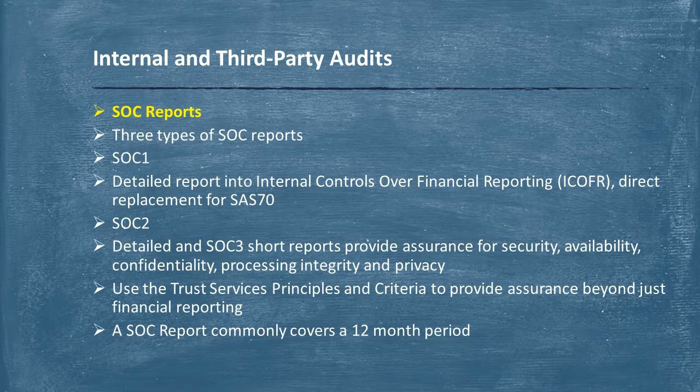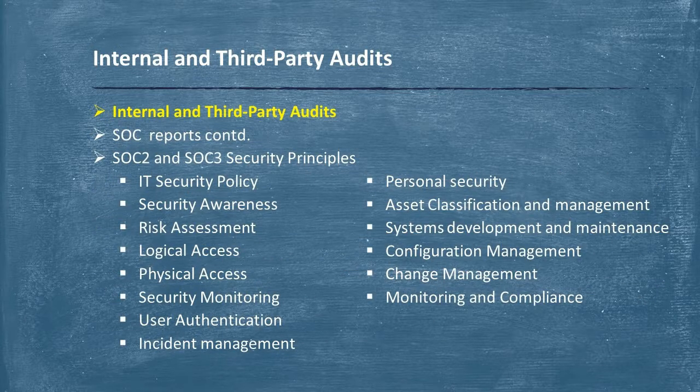This is based on WebTrust and SysTrust principles, which were developed by the American Institute of Certified Public Accountants as well as Canada. These two organizations jointly developed the SysTrust and WebTrust principles. So it uses the trust principles and criteria to provide assurance beyond just financial reporting. A SOC 3 report commonly covers a 12 months period.